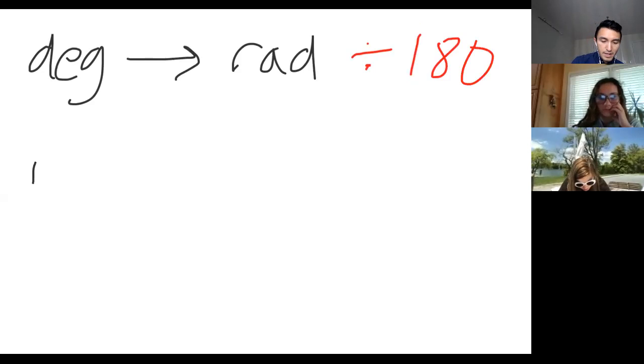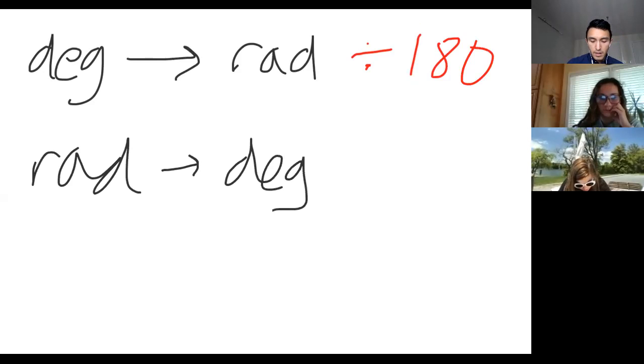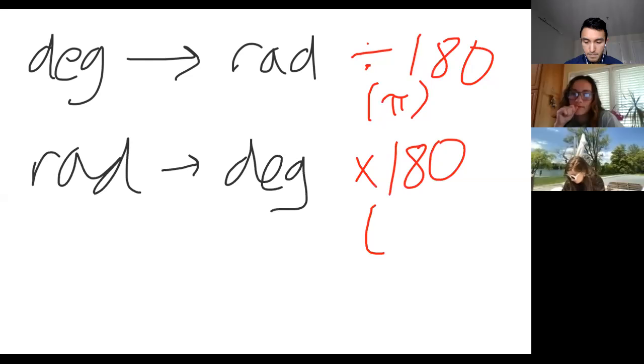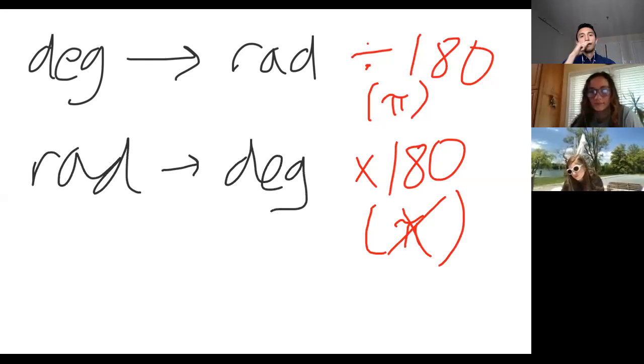And then from radians to degrees, you get rid of the pi, of course, and then you multiply by 180. And then don't forget, from degrees to radians, you have to add pi. So I'll put in parentheses here, you have to add the pi. And then when you go back to degrees, of course, you get rid of the pi. And you write your degree symbol.